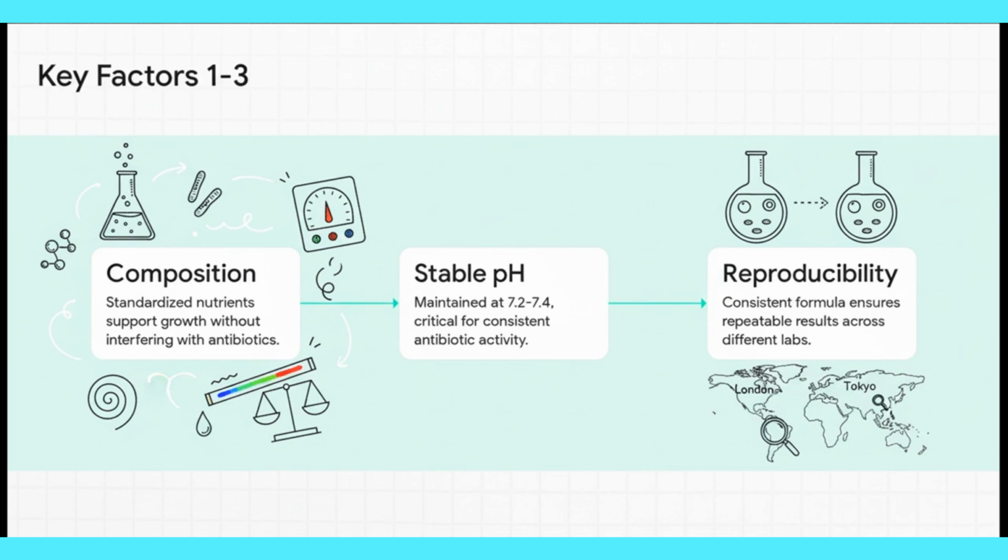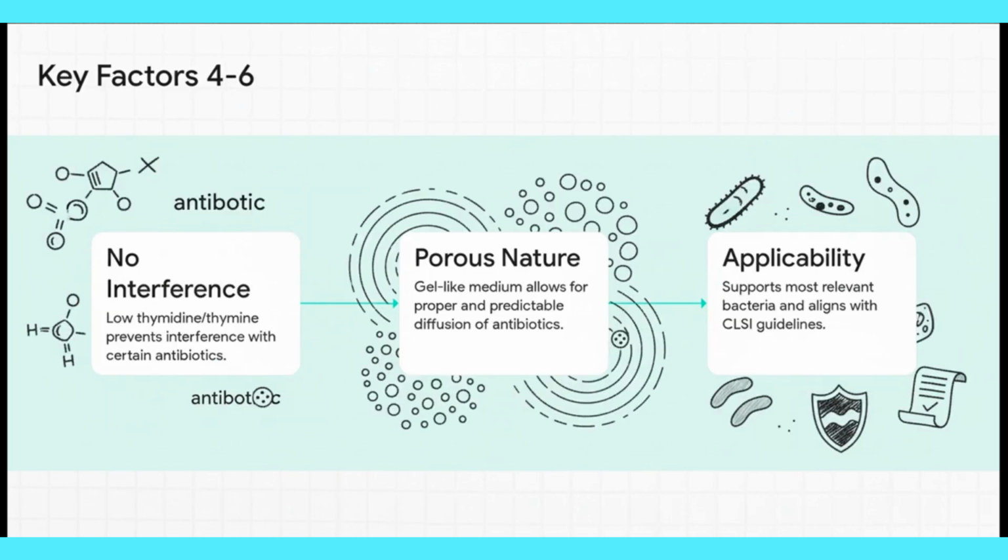And finally, all of this standardization leads to one thing: reproducibility. And this is the real kicker. It means a lab in London can get the exact same result as a lab in Tokyo. That allows doctors and scientists all over the world to fight disease using the same reliable data. And it doesn't stop there. Another huge deal is that it has really low levels of certain chemicals, like thymidine, which could otherwise interfere with some common antibiotics.